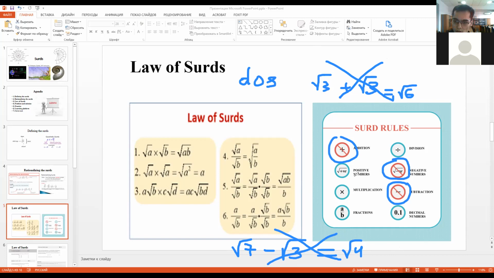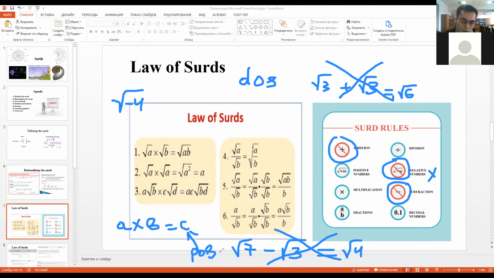Yeah. And also, under the square root, you can't have a negative number, okay? I mean, you don't have such an expression as under the square root, you have minus 4. Why? Because as you know, the multiplication of two numbers, for example, a multiply b equal to c, this is not always positive.